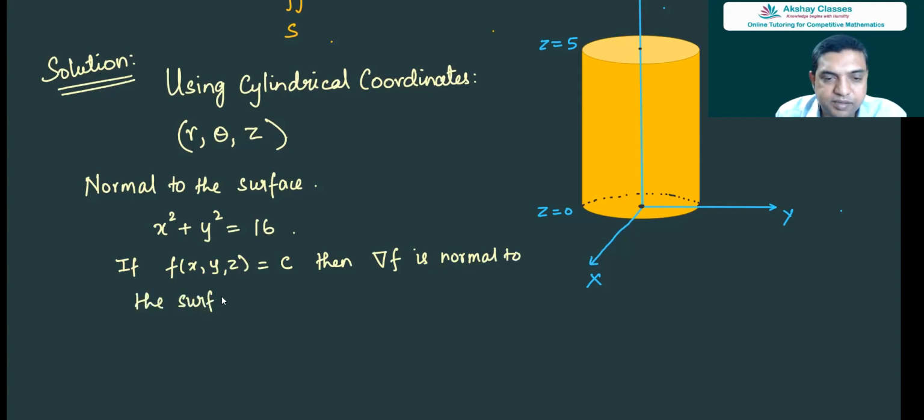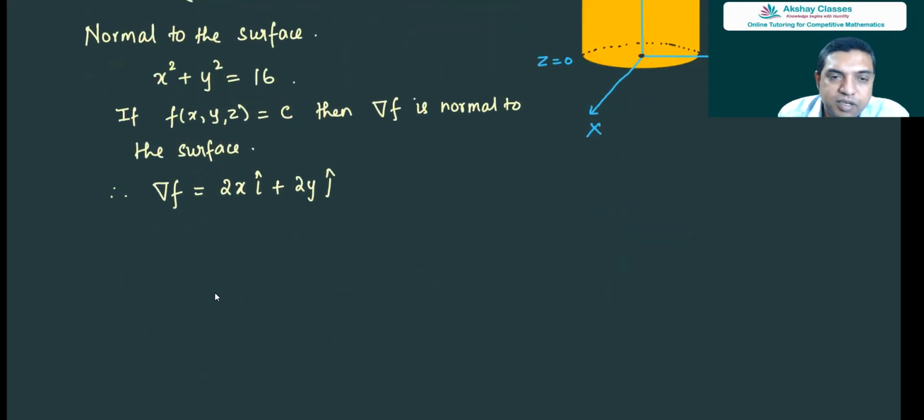This we know, right? Therefore, the gradient of f here is 2x i cap plus 2y j cap, if this is treated as f of x, y, z. So this is the normal to the surface.